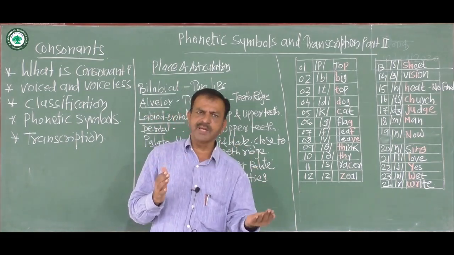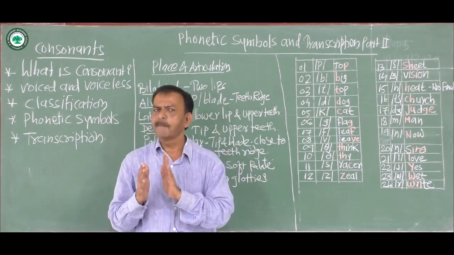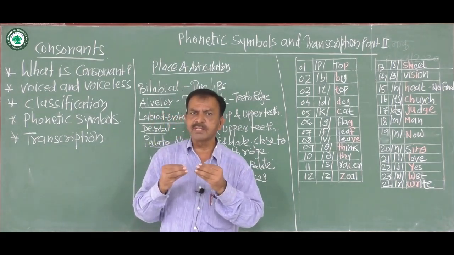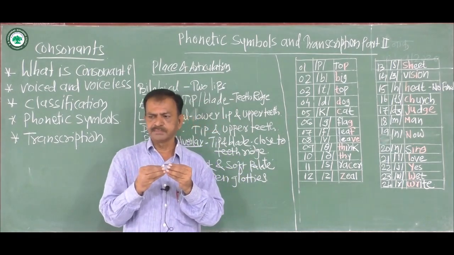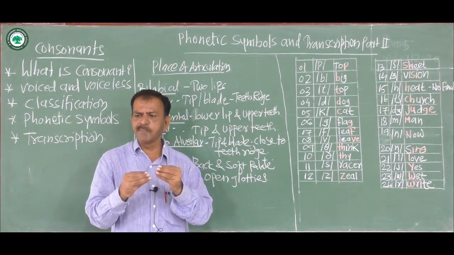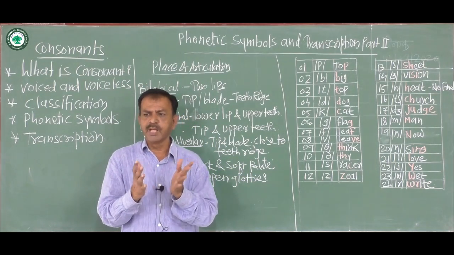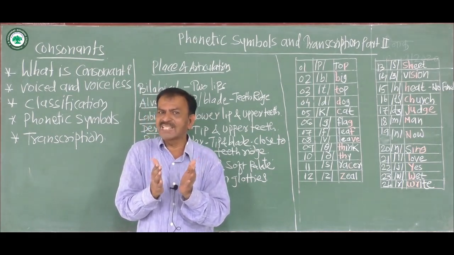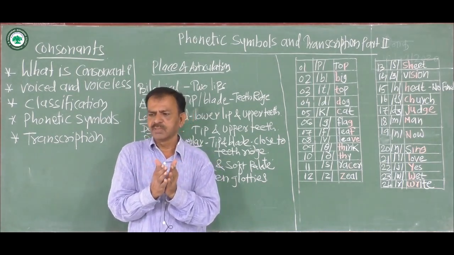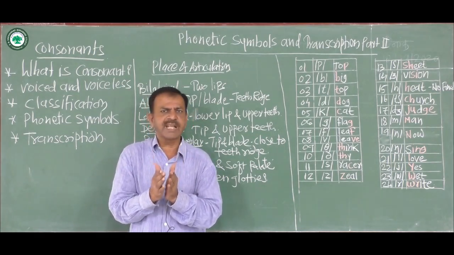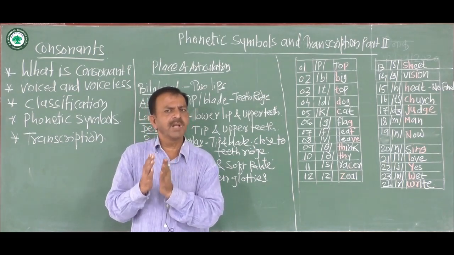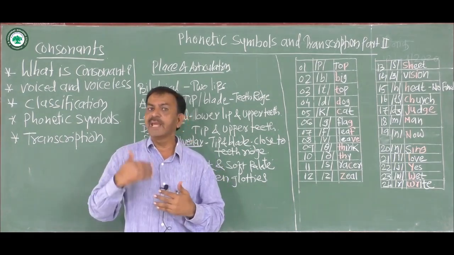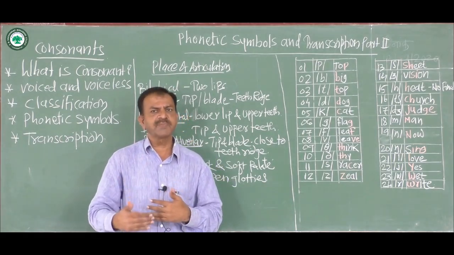Some are active articulators, while some are passive articulators. So when 2 articulators come together, there is either complete or partial closure, and pressure is built due to the obstruction or blockage to the air stream which comes from the lungs.